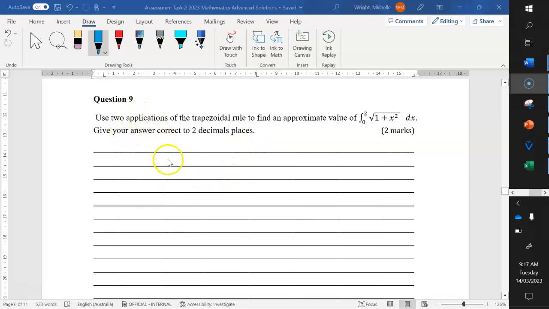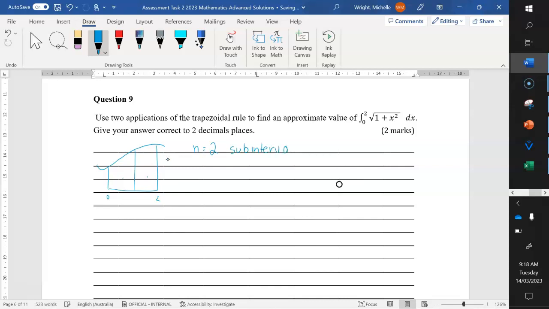When we're looking at 2 applications of the trapezoidal rule, if this was our graph, for instance, and here's our value of 0 for x, and here's our value of 2, 2 applications of the trapezoidal rule means I want to have 2 trapeziums. So I would like to have n is equal to 2. I've got 2 sub-intervals, and I've got 3 function values.